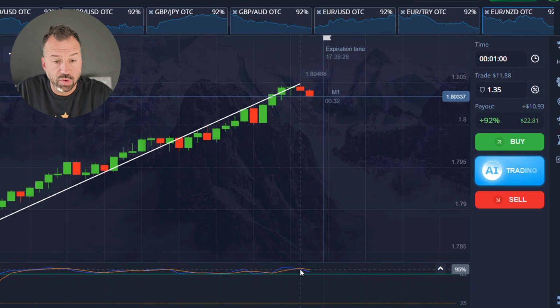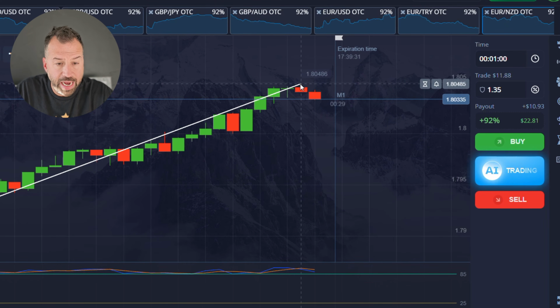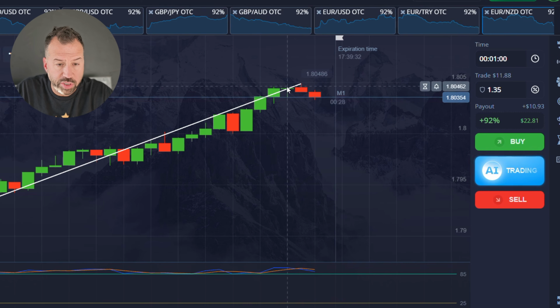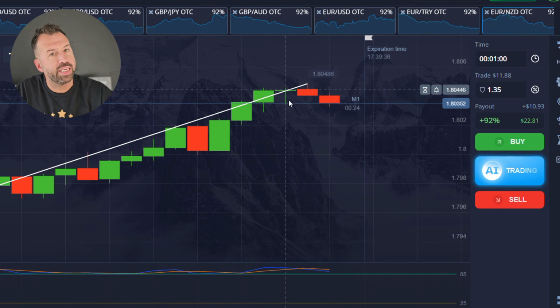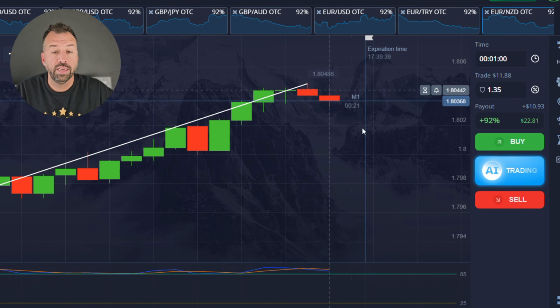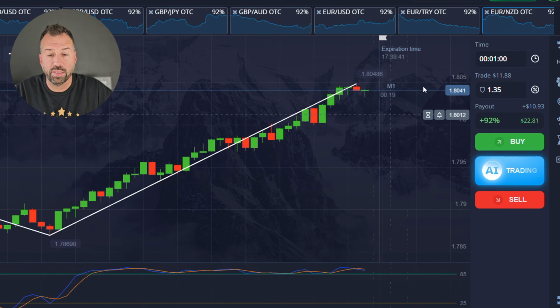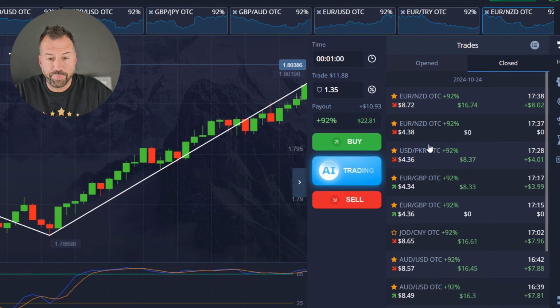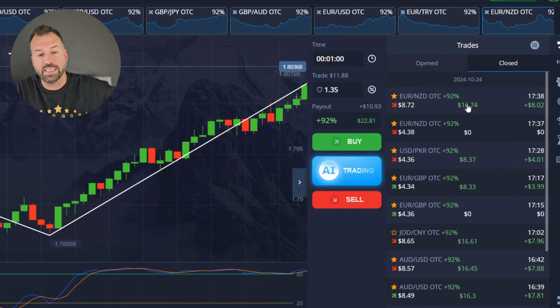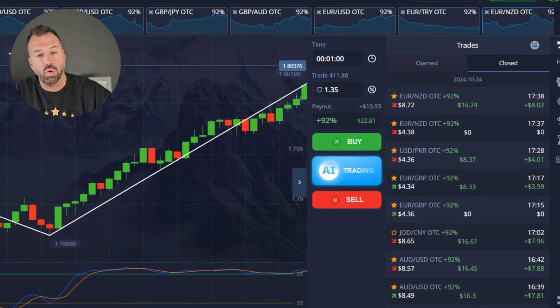We had a crossover. We had a high. This one we purchased on this candle here that didn't work out. And sometimes it just takes one more candle to make that confirmation happen. So here you can see in the history that we were going to make, you know, $7 or $8 here, and then we went ahead and made it 16, and so that's how we can grow our account.